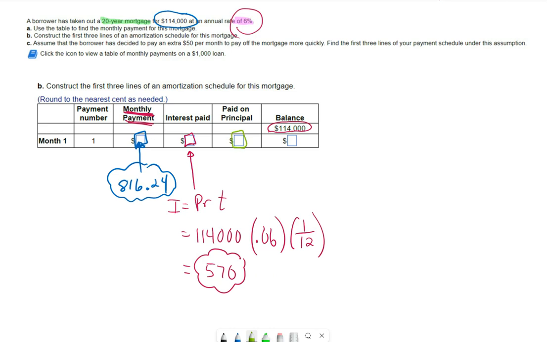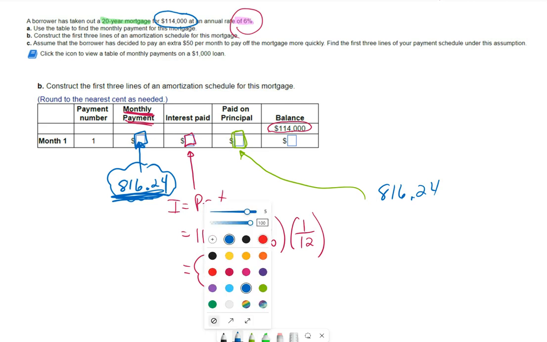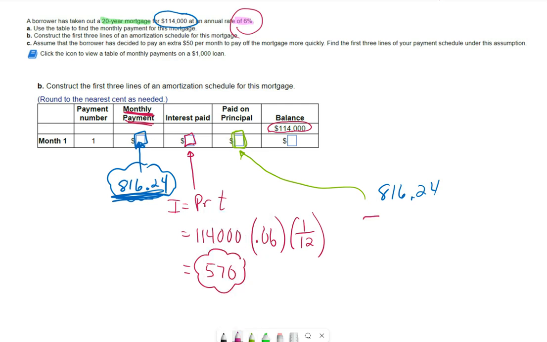So that when you get to this box here, which says how much money will be paid on principal, you're thinking, well, I sent in this number, so shouldn't all of that go towards my $114,000 balance? Oh no. To get this box right here, they're going to take the $816.24 check that you sent in, and they are going to subtract $570 from it.